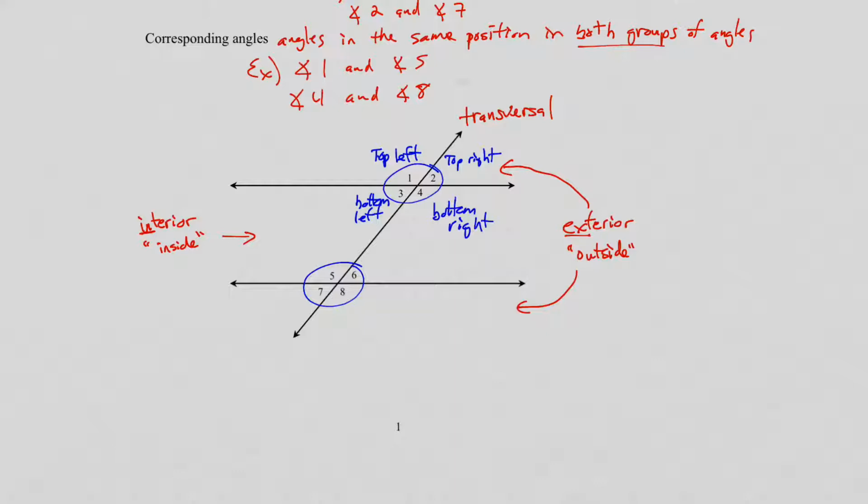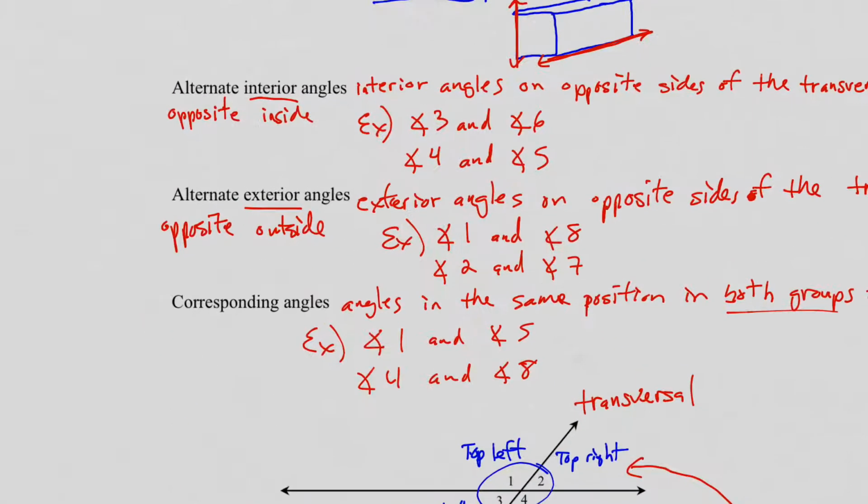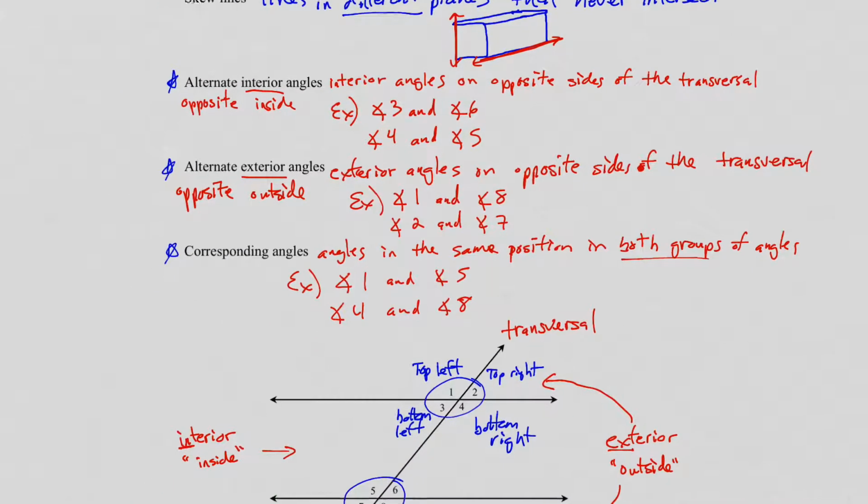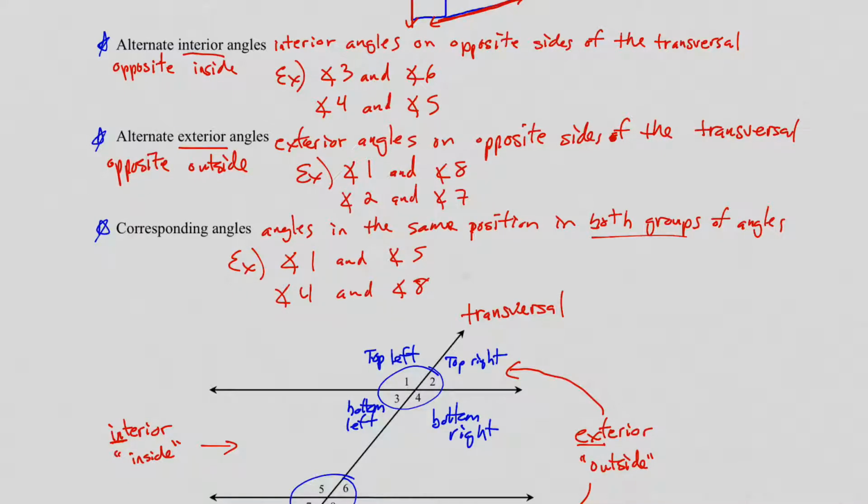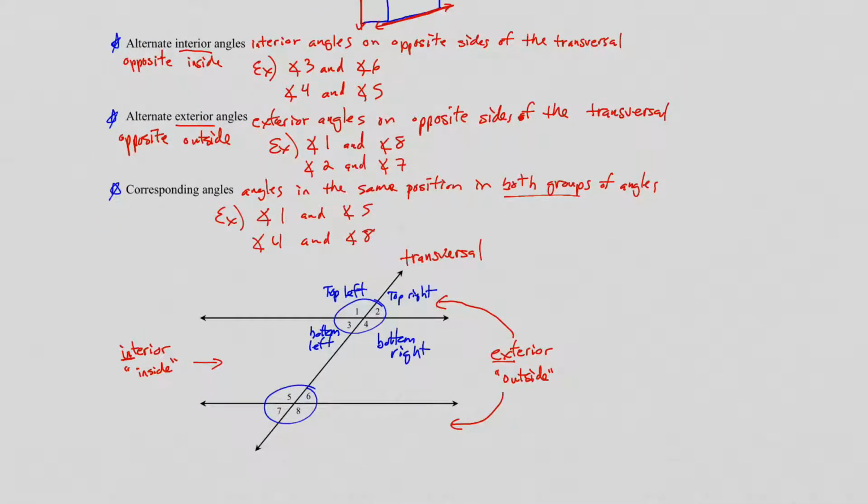Well, the reason is because these three vocab words, or these three titles for these relationships, alternate interior angles, alternate exterior angles, and corresponding angles, actually, they all have the same exact characteristic.